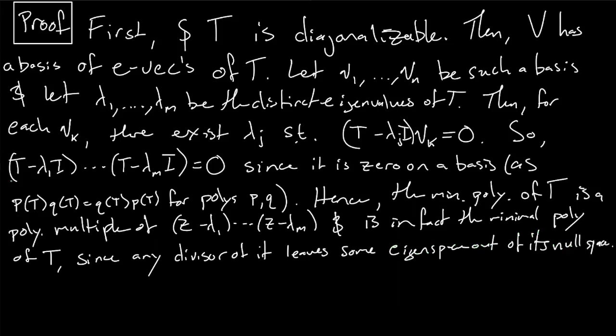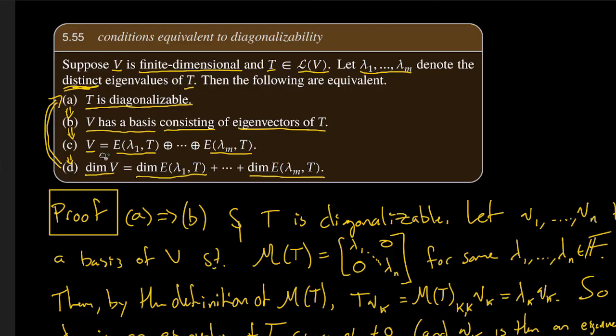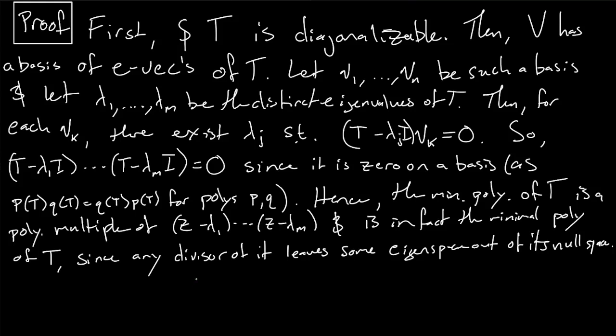That is, if I pull any one of these z minus lambdas out of here, then there's going to be some eigenvector, or in fact potentially multiple ones belonging to the same eigenspace, that I don't zero out. So to have all of the eigenspaces in its null space, which is the same as having all of V in its null space, since, as we proved last time, V is the direct sum of the eigenspaces corresponding to the distinct eigenvalues of T, this is actually its minimal polynomial. Okay.